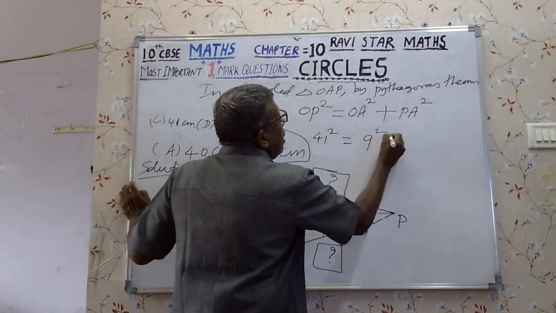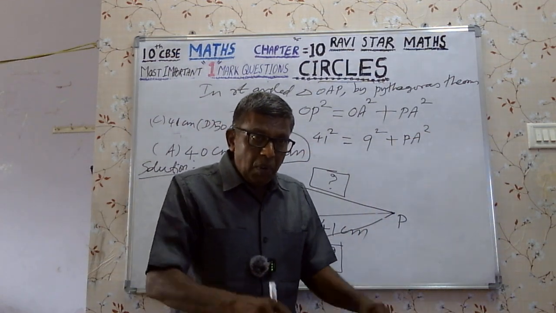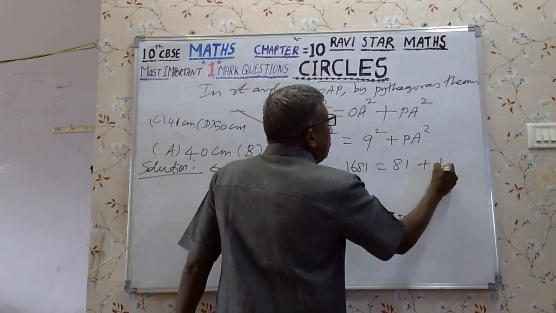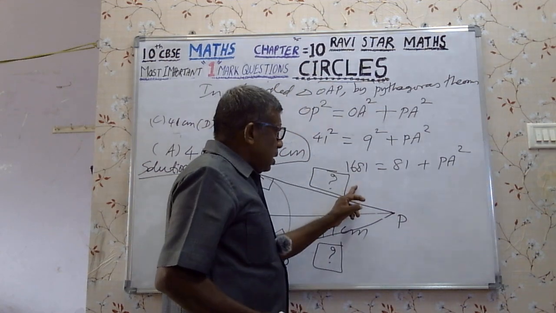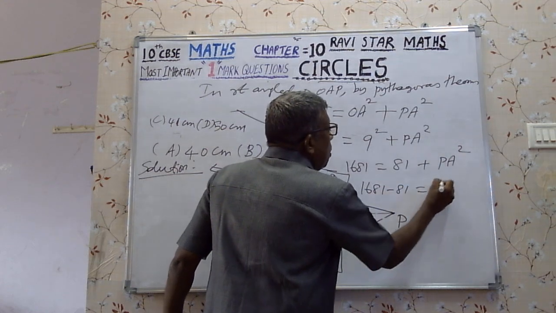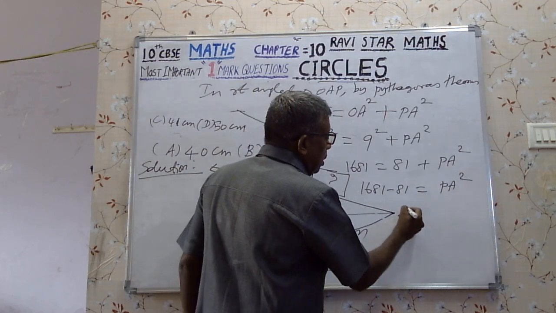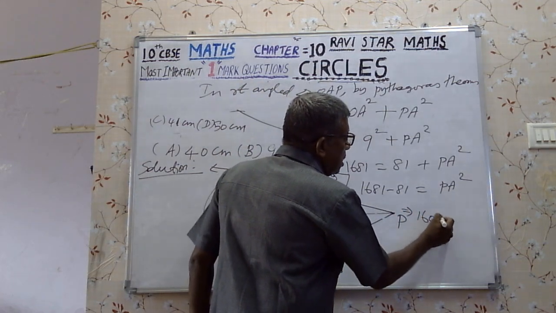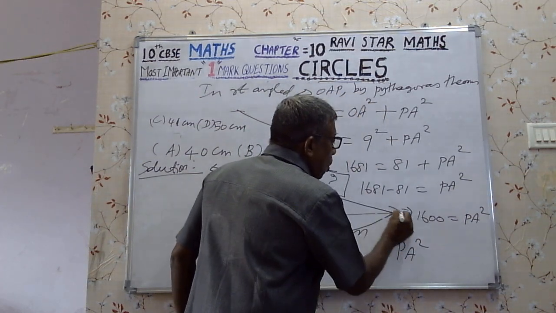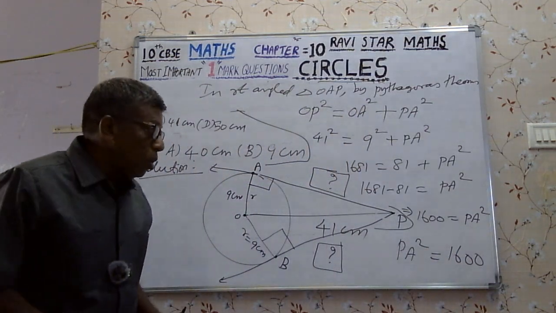Radius 9, squared, plus PA squared. 41 into 41 is 1681. 9 squared is 81 plus PA squared. 81 will bring to the left side: 1681 minus 81 equals PA squared. 1681 minus 81 is 1600, which implies PA squared equals 1600.